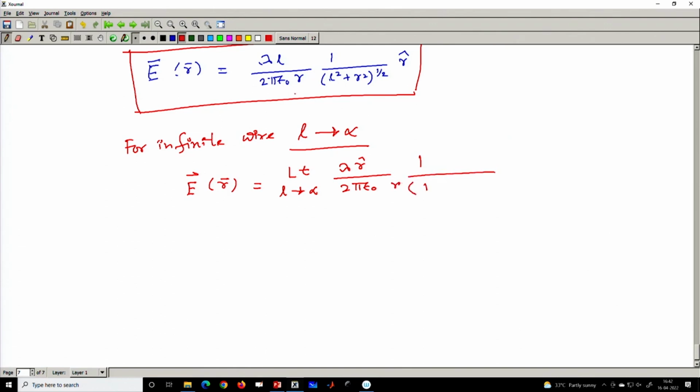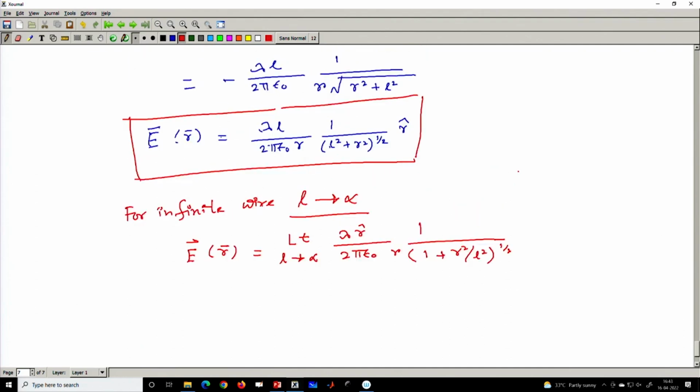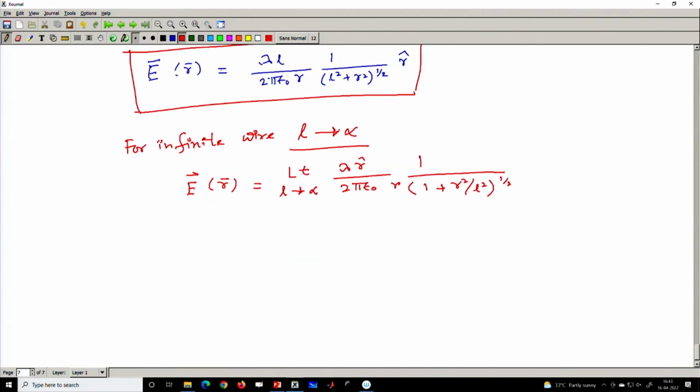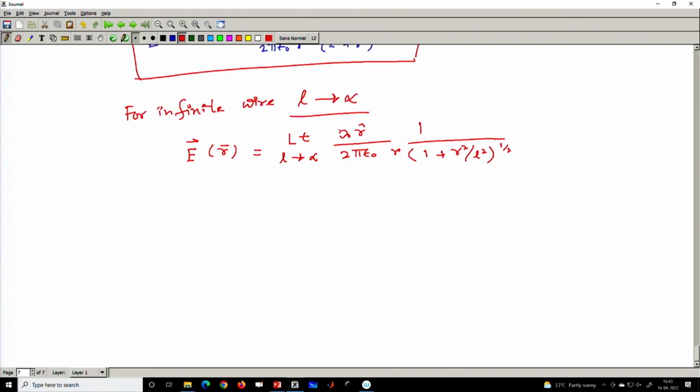If I take R square common, then it should be R times 1 plus R square divided by L square, whole to the power half. One L was there in the numerator, so I put it on the lower side, and we make L square plus L square times R square divided by L square. So this quantity will be 0 if L tends to infinity.